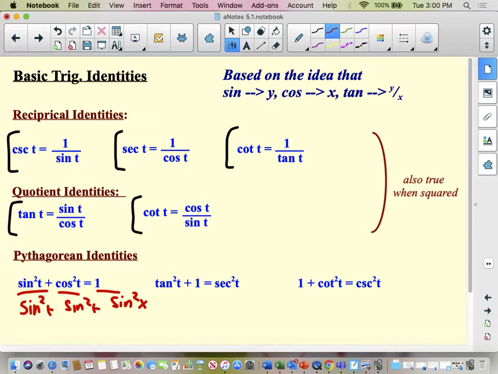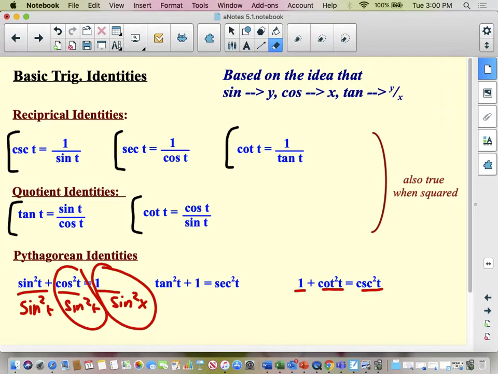Well, what is sine squared over sine squared? It's 1. What is cosine squared over sine squared? Cosine over sine is cotangent. If I square both of them, that's cotangent squared. And what is 1 over sine squared? Well, if 1 over sine is cosecant, 1 over sine squared is cosecant squared. And that's where that stems from.